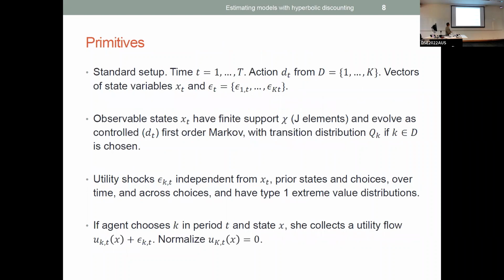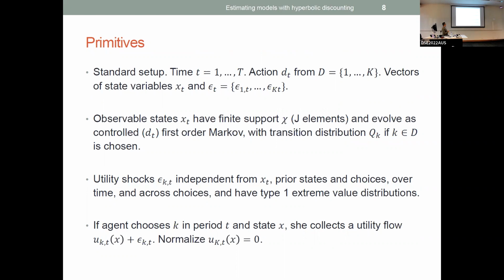Now the primitives. We have a standard setup for discrete choice dynamic models. Finite horizon; if I understand it correctly, the infinite horizon problem is still yet to be solved, so I think the results are here for finite horizon only.